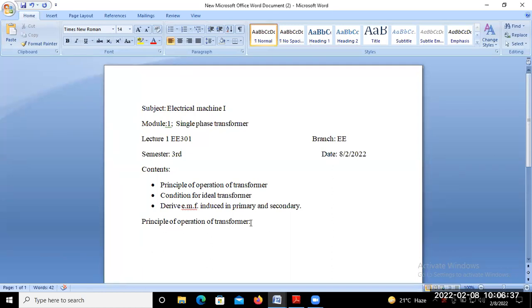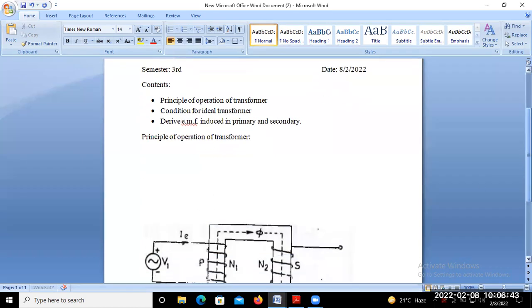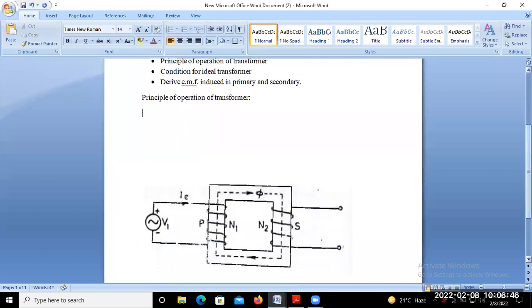I have shown here the schematic diagram for the transformer. This one is indicated P for primary and this is for secondary. The number of turns of the primary and secondary coil is represented by N1 and N2.